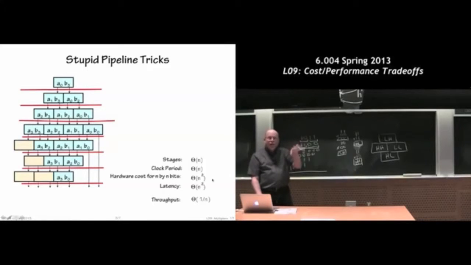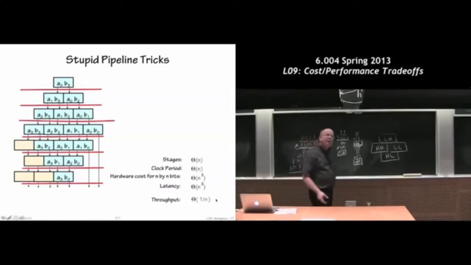I've just added a little, that constant is now a little bigger, but it's still a constant cost. So given that I have n squared blocks, I have order n squared hardware. The latency is n times the clock period. I have n pipe stages times a clock period of n gives me an n squared latency, and a throughput then of 1 over n, because I get one answer every clock period, and the clock period is order n.